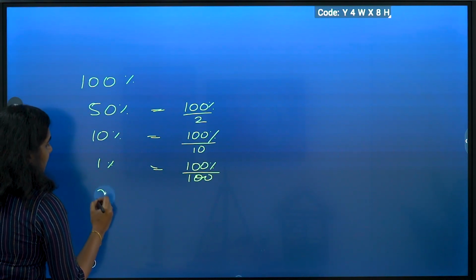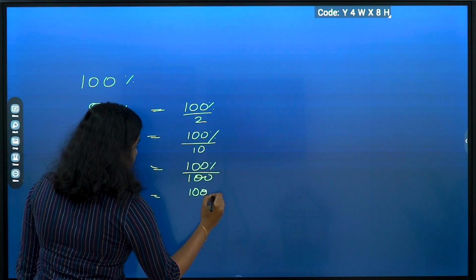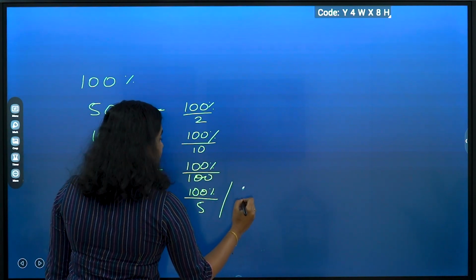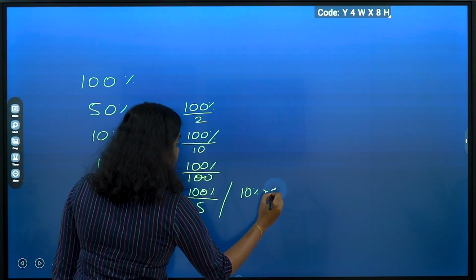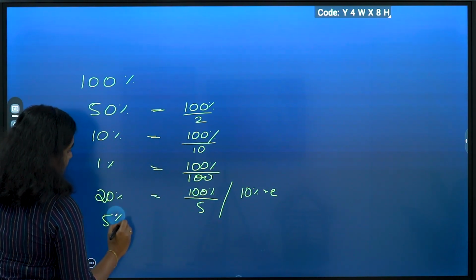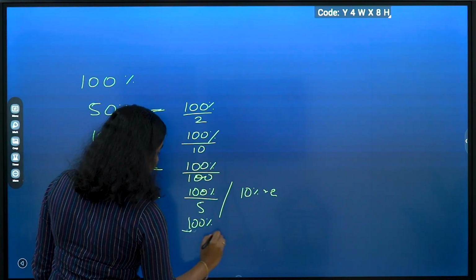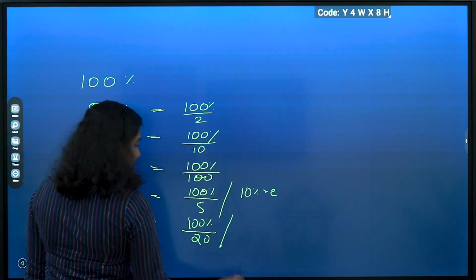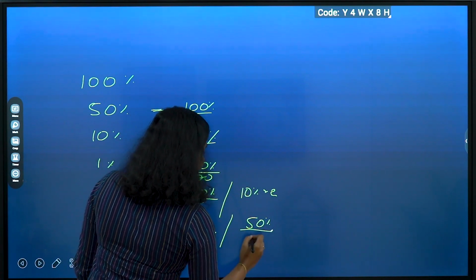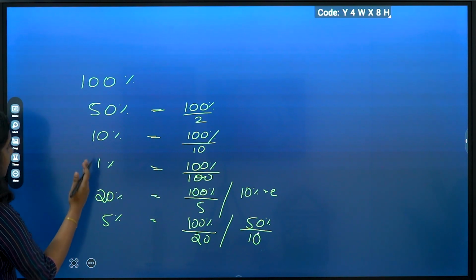Now 20% is equal to 100% by 5 or 10% into 2, right? Now 5% is equal to 100% by 20 or 50% by 10. Okay.